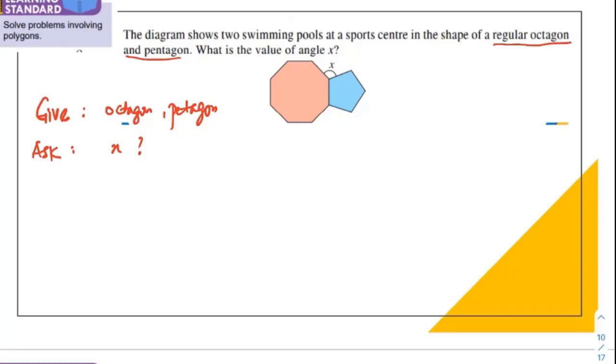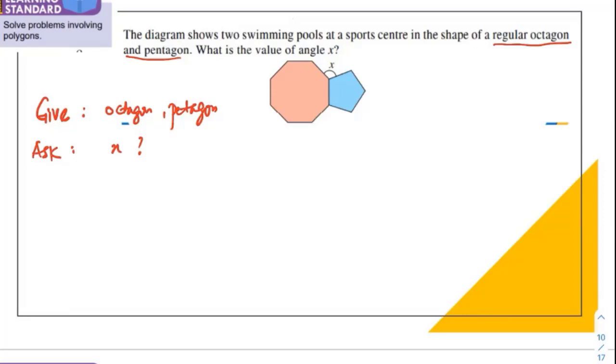So to solve the question, we have to find one side of the octagon and one side of the pentagon. One side is actually the exterior angle of the pentagon and the exterior angle of the octagon.